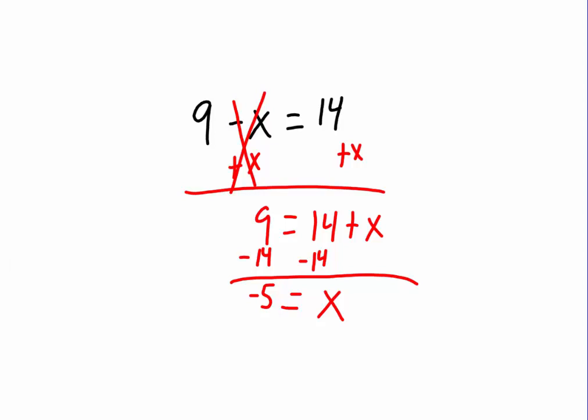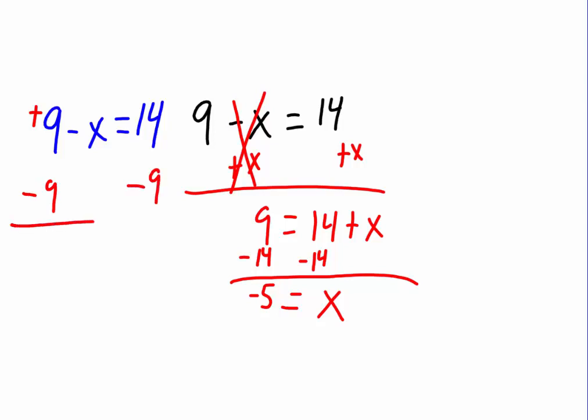is the more normal way, is to understand that this 9 out front, the 9 minus x, the 9 is a positive. Okay, this is a positive 9. And so to get rid of a positive 9, we need to subtract 9 from both sides.